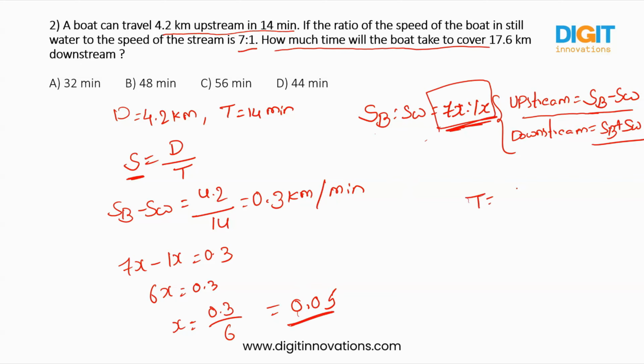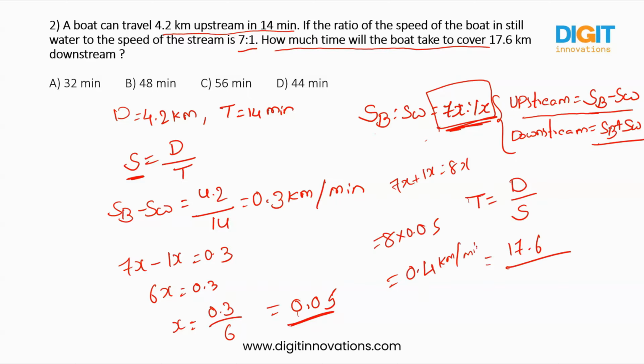They're asking for time, and the formula is distance by speed. So distance is 17.6. Speed downstream means speed of boat plus speed of water, which is 7x plus 1x, which is 8x. We already know x value is 0.05, so 8x is 0.4 kilometers per minute.